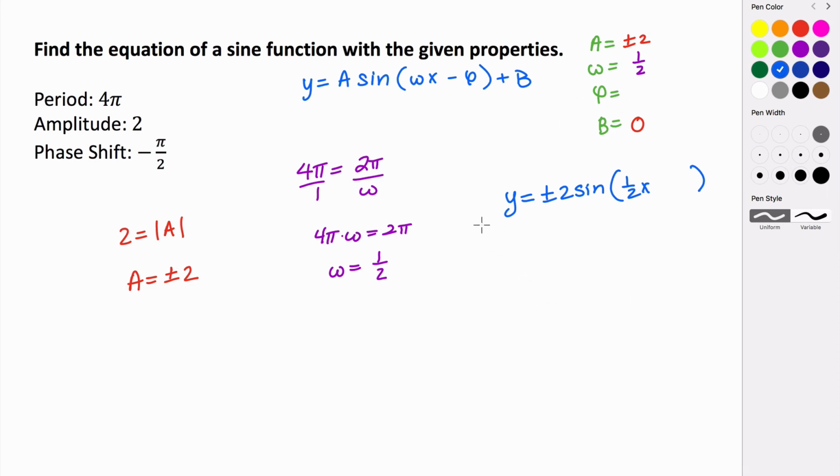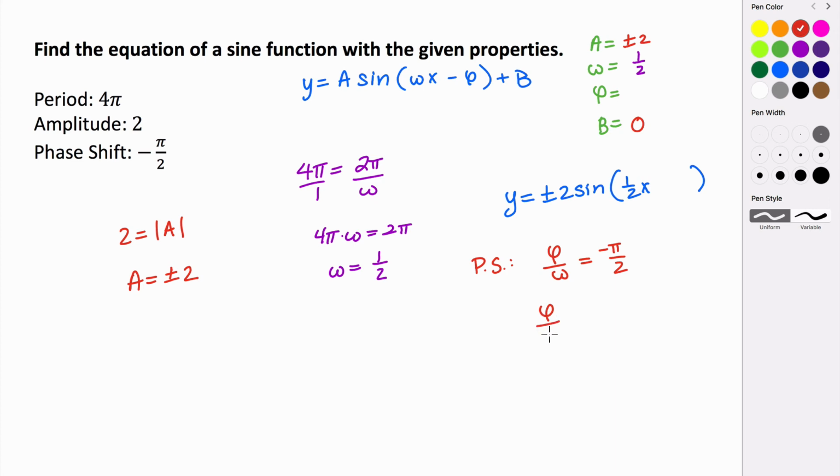So if you recall, the phase shift was phi divided by omega. So we're told that that is going to equal negative pi over 2. And we know the value of omega. Omega is 1/2.